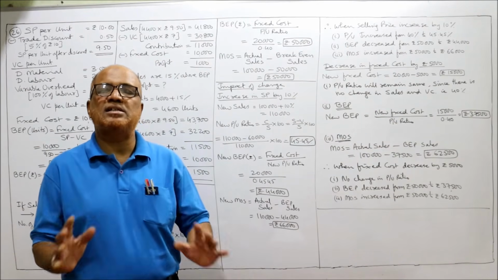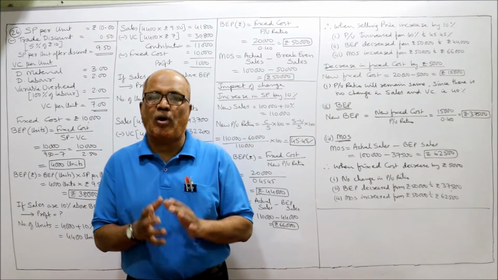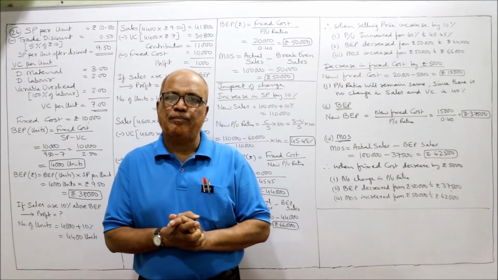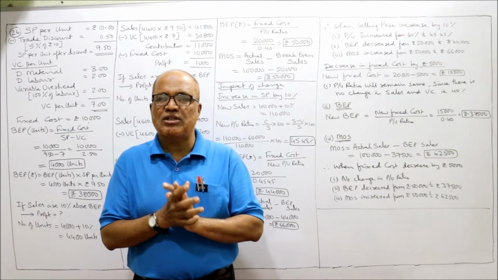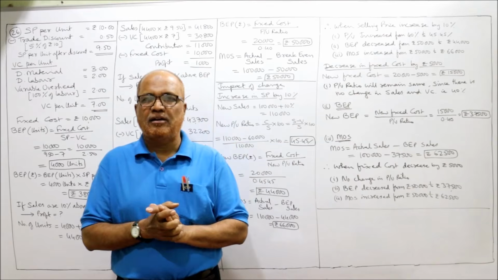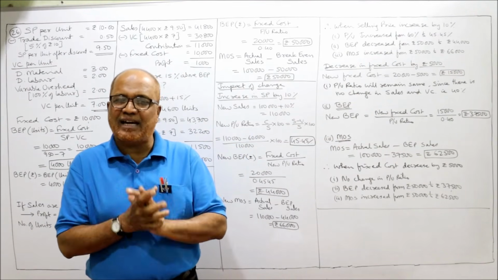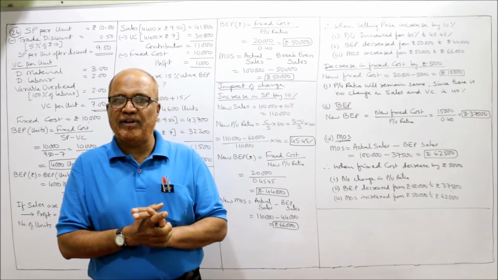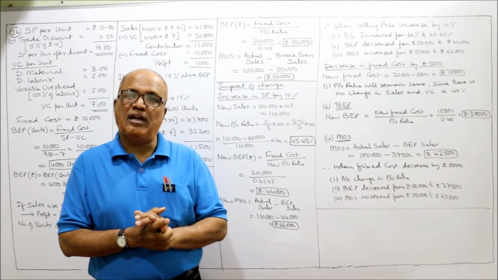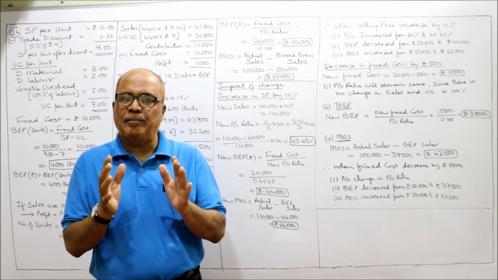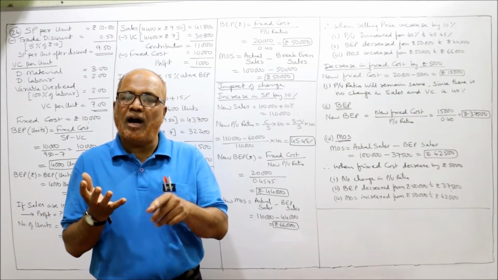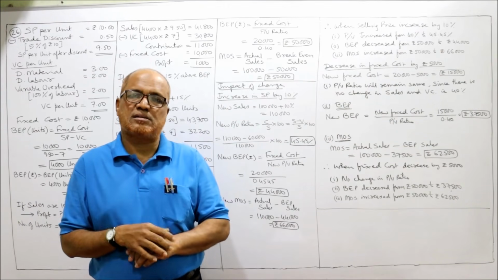So totally 27 problems I have solved on marginal costing. Hope you have understood the concept, the technique of marginal costing. If you are unable to understand in the first attempt, again rewind the video, again watch from the beginning. Definitely it is a little bit difficult because you have to remember the formula and also you need some practice.